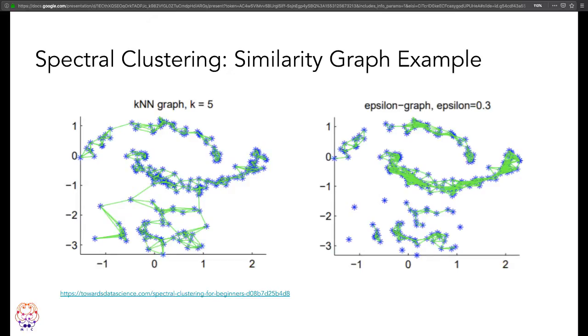This graph is just taking the 5 nearest neighbors to each point and connecting them. The one on the right is the epsilon neighborhood graph, which I think is a better representation of how similar data is. You can see how it's capturing the local neighborhoods in the graph. What it's doing is taking a ball of radius epsilon, in this case 0.3, so every point within this radius is going to be connected.